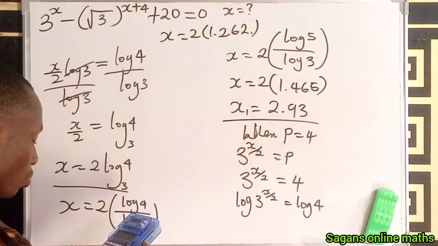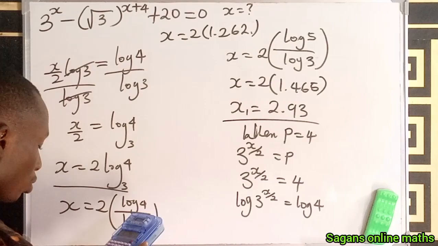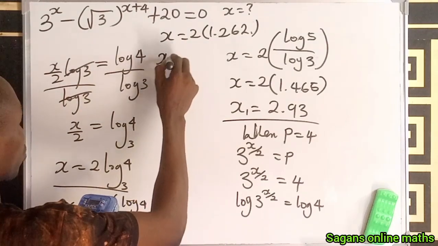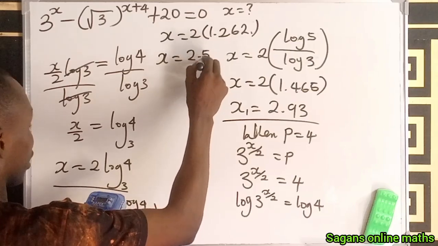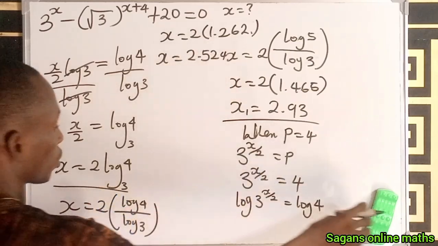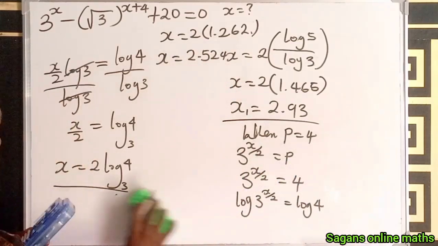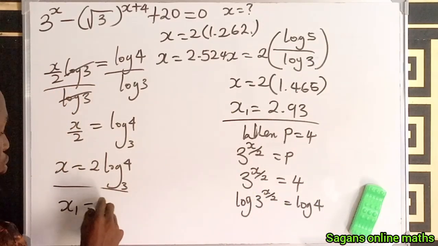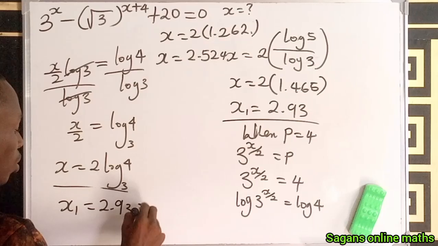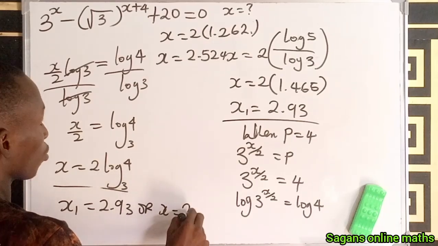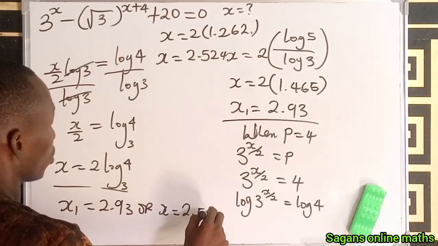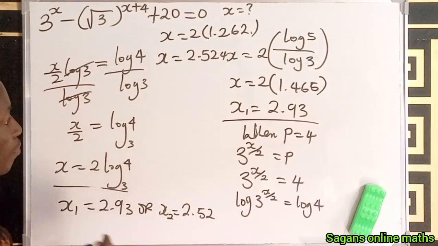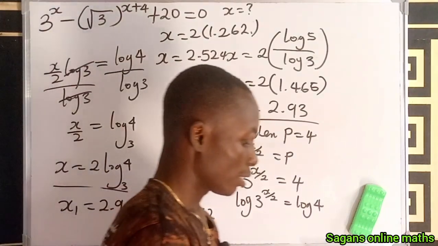So 2 times 1.262, I have that x is also equal to 2.524. So we see that x equals 2.93 or x equals 2.524. Now these are the values of x that satisfy this equation.